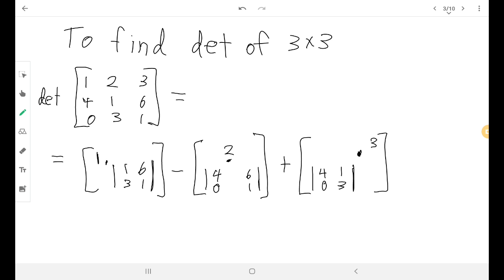So for example, for the first one, we're going to take that one, which cuts out that column, and then we're going to take the determinant of that 2 by 2 matrix. Okay? And so I've illustrated that down here.